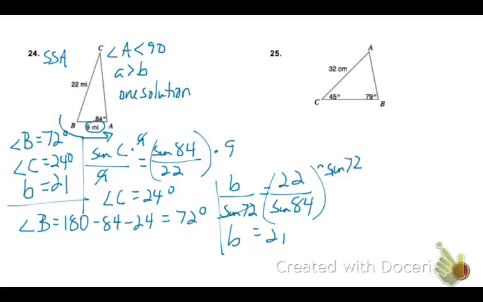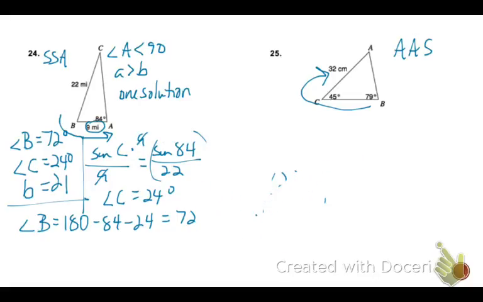Now on number 25, let's look at what we've got. So we have angle, angle, side. If we know two angles and a side, whether it's included or non-included, we can use the law of sines. Let's make a list of what we need to know.